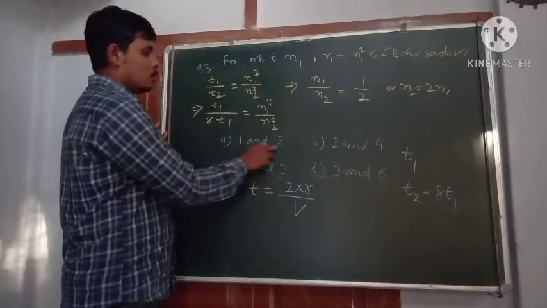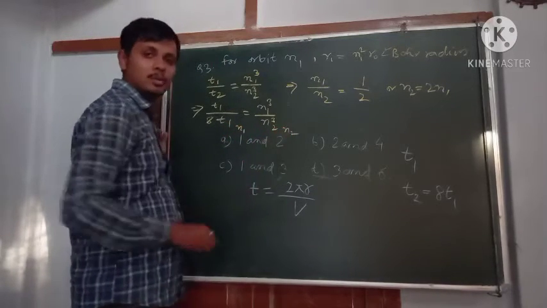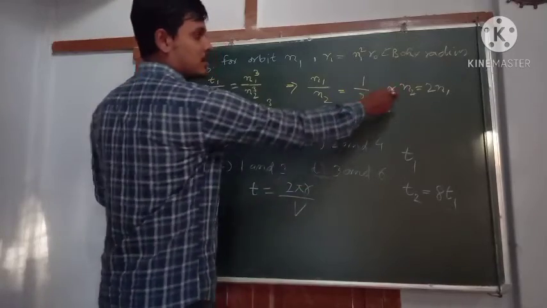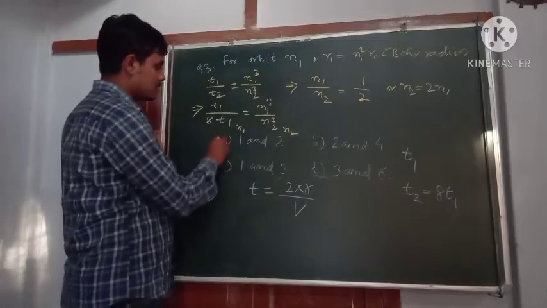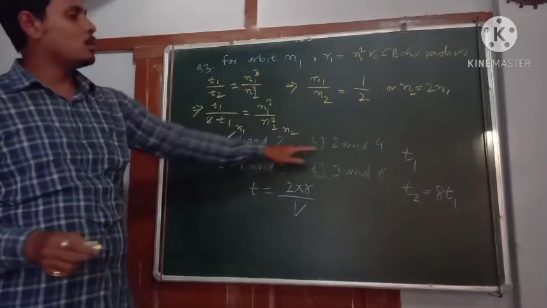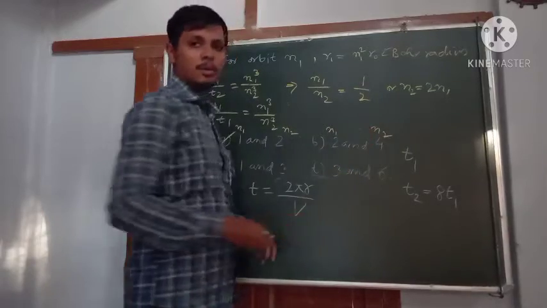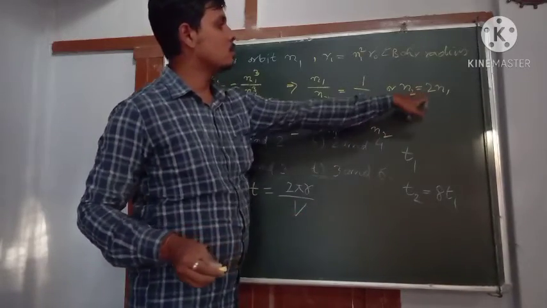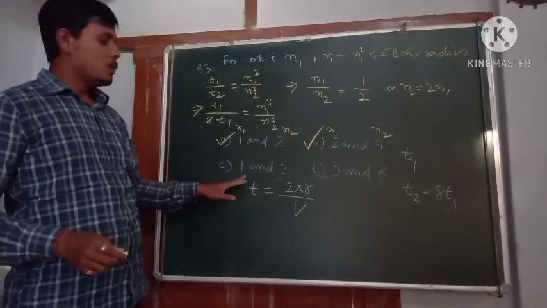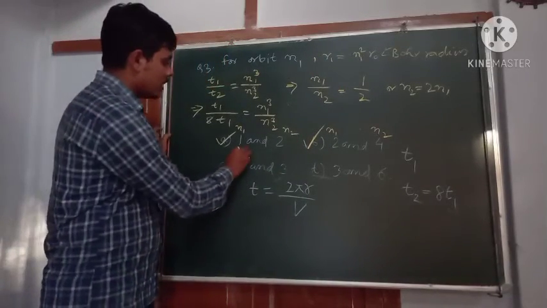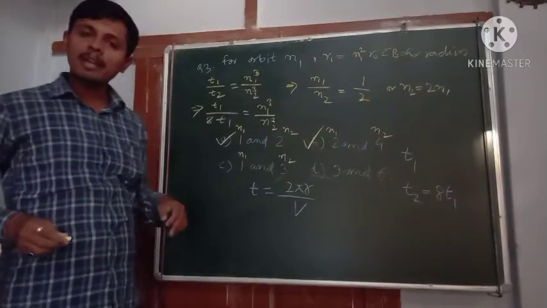If n1 is 1, n2 is 2, is this condition satisfied? 2 equals 2 into 1, satisfied. So this option is correct. Similarly 2 and 4: if n1 is 2, n2 is 4, then 4 equals 2 into 2. This is also correct. 1 and 3: if n1 is 1, n2 is 3, will this condition be valid?